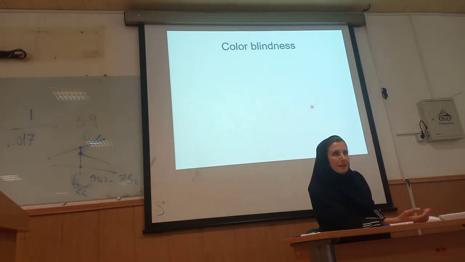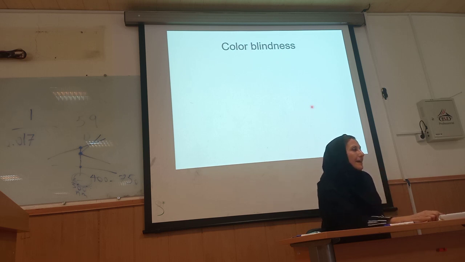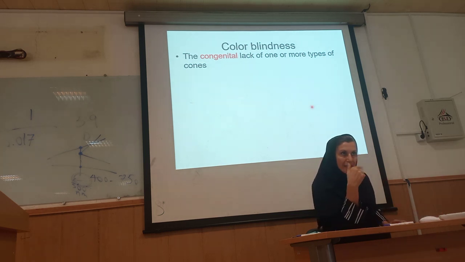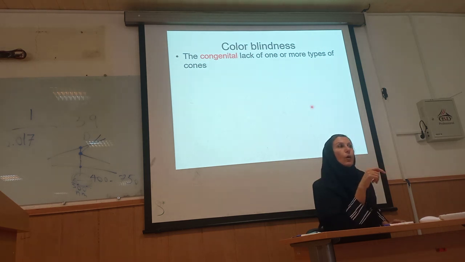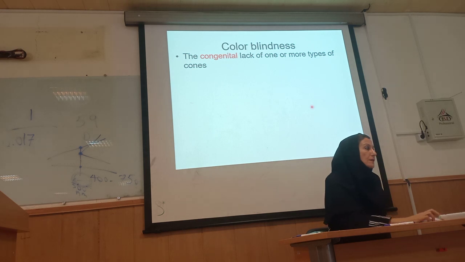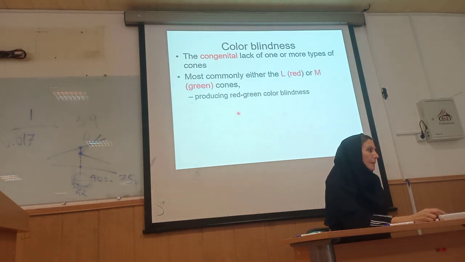What is color blindness? I want to show you about that. Color blindness is a congenital lack of 1 or 2 or maybe 3 kinds of cones.